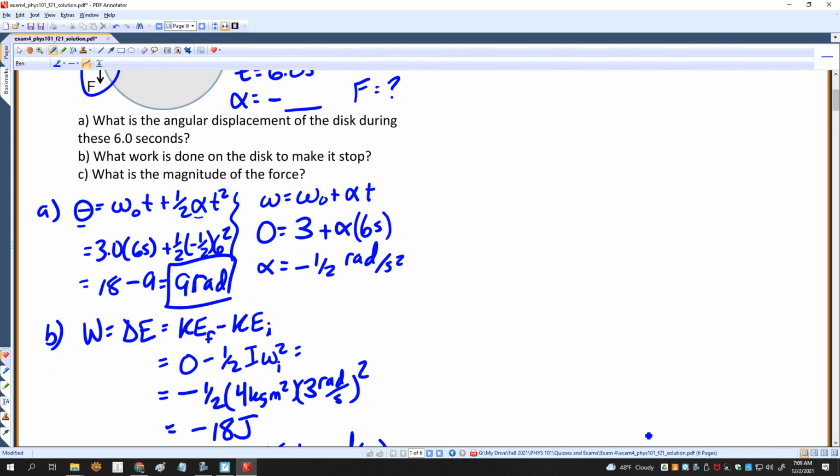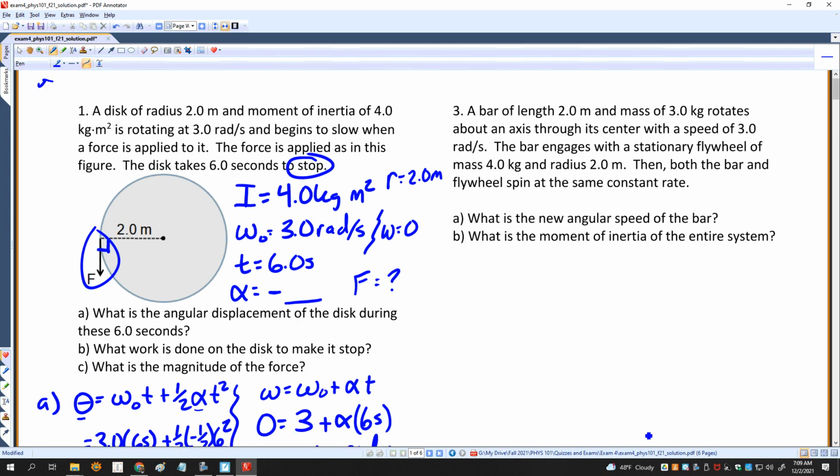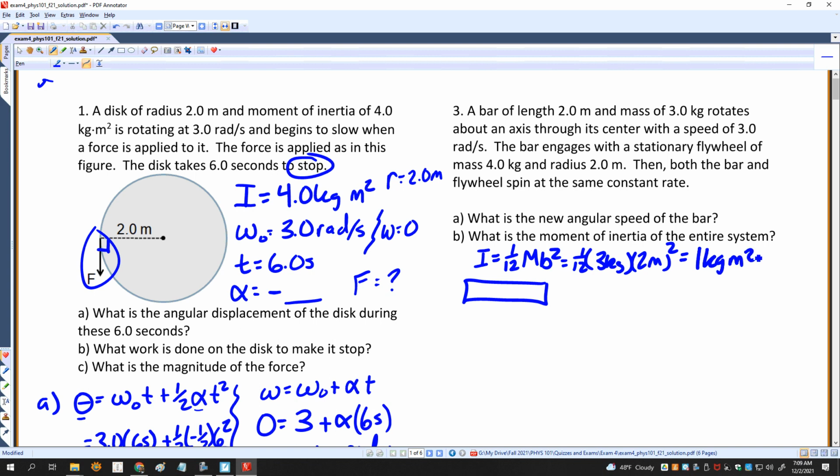Now let's do this third one. A bar of length 2 meters. While I'm doing this, I'm going to go ahead and find the moment of inertia. This is 1/12 m L squared. That's the mass of the bar, length of the bar. That's 1 kilogram meter squared. That's convenient.